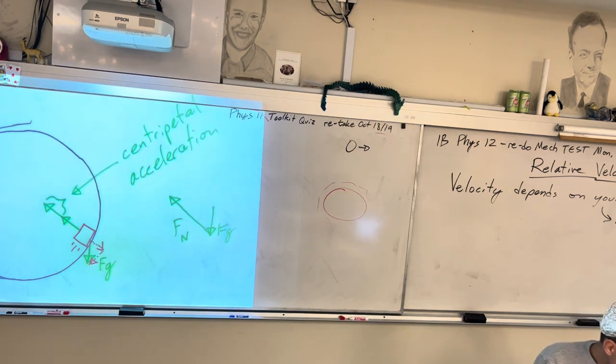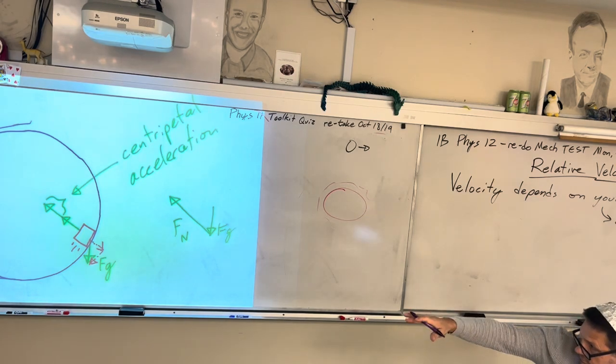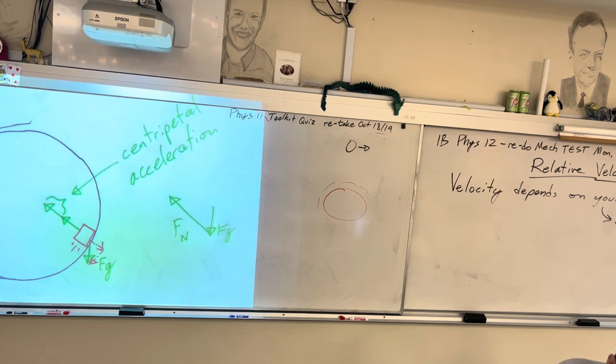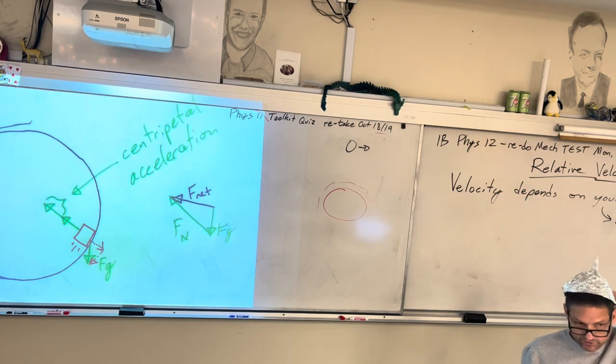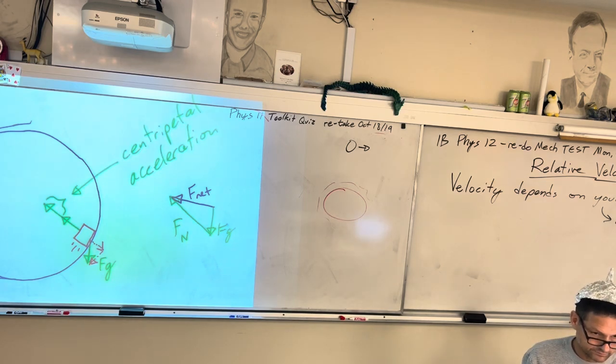What's our net force? What direction? Kind of like this, right? So this would be our F net. Is that exactly to the center of the circle? Not really. No, because normal has to be exactly to the center, right?